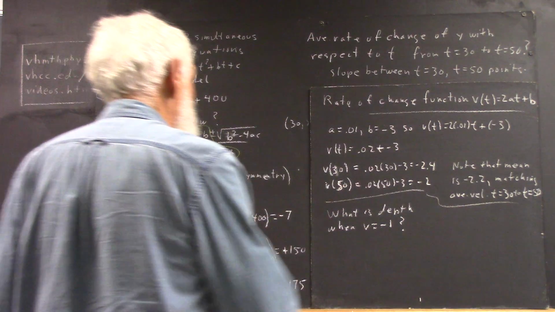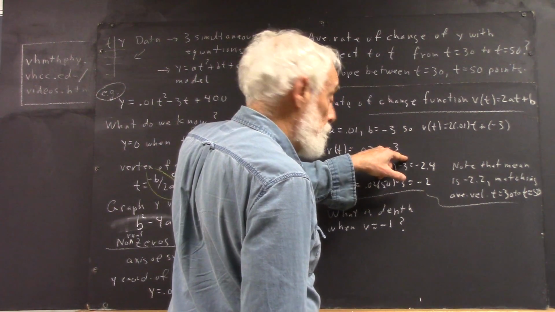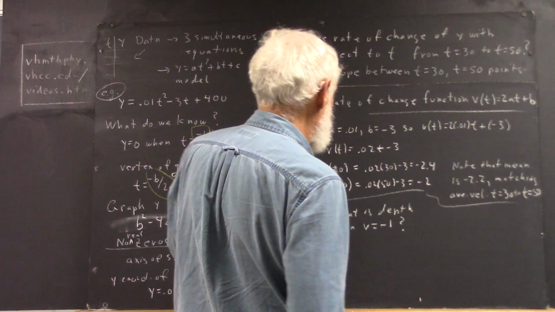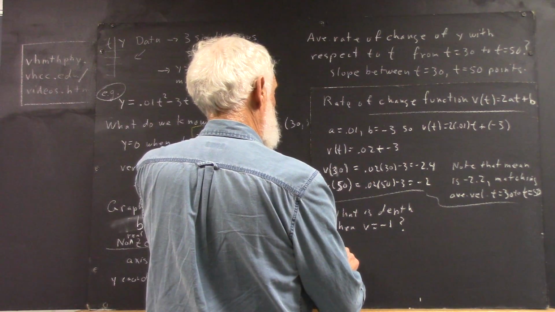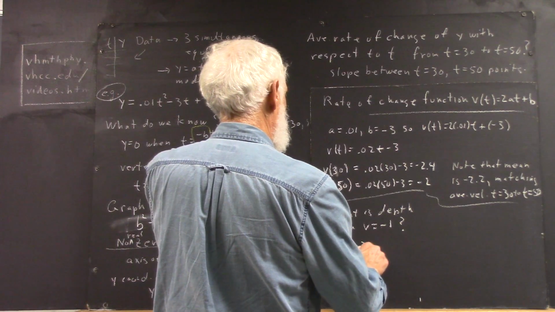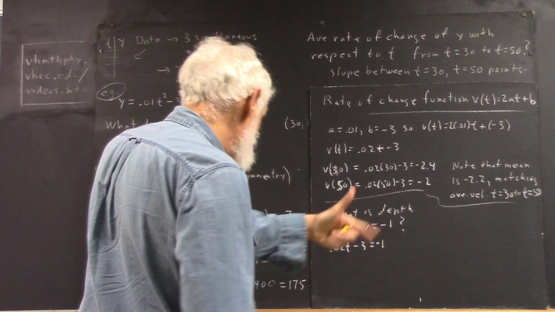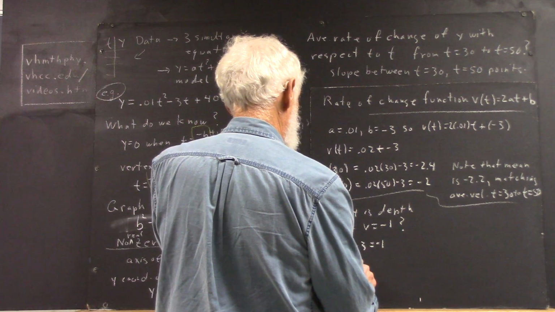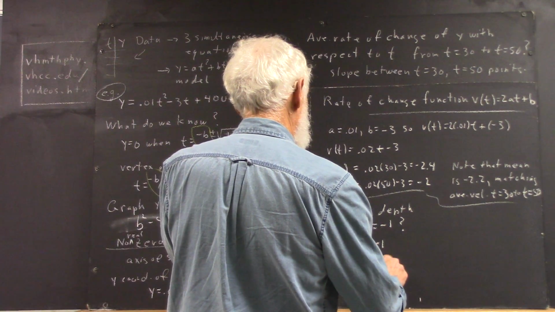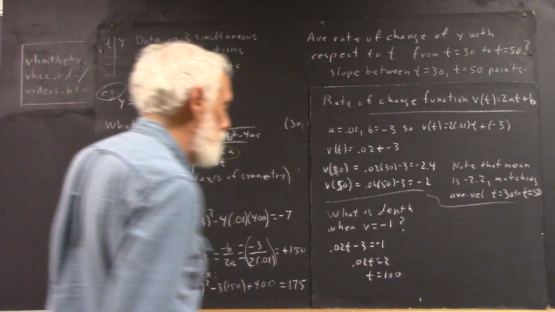Well, we have velocity equals -1, so velocity is this, so we can solve this. So we set 0.02t minus 3 equal -1, then we solve for t. Well, we add 3 to both sides, we get 0.02t equals 2, so that t equals 100.